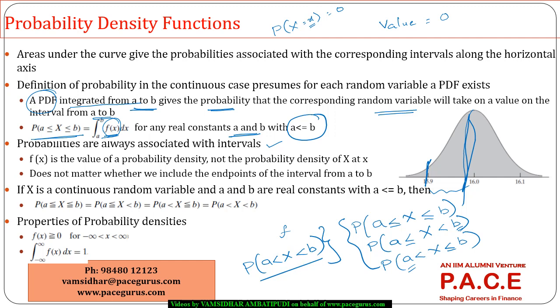So all these probabilities will remain one and the same. Right? Because X is a continuous random variable, we are only interested in probabilities within a range of values. So the probabilities associated with single points are always zero. So any of these four will result in the same answer.